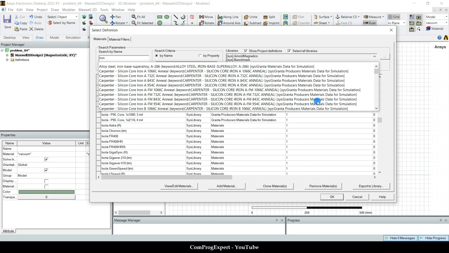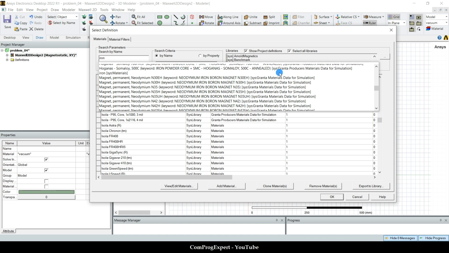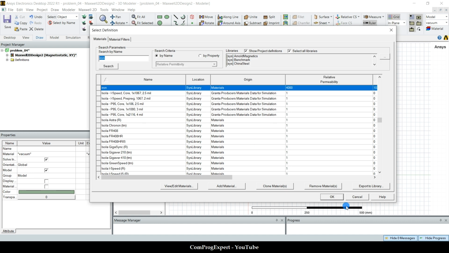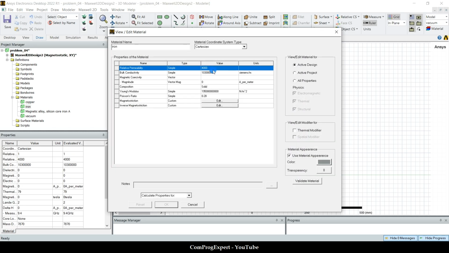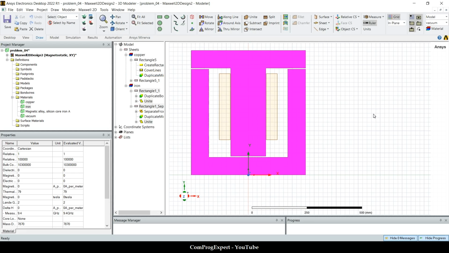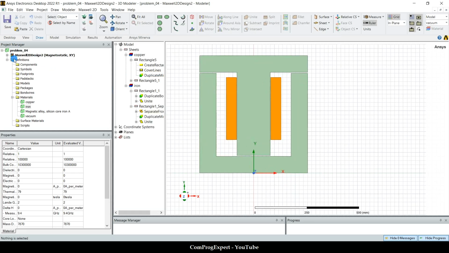This is the iron material that we used also in our previous problems. Here is the iron material that we added. Let's consider 100,000 for the magnetic permeability. Consider it ideal.